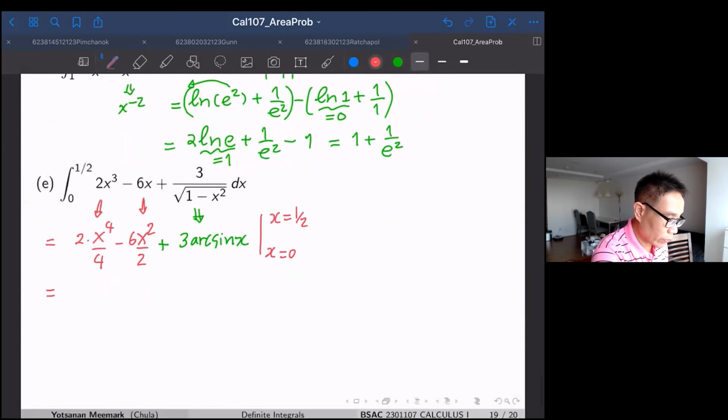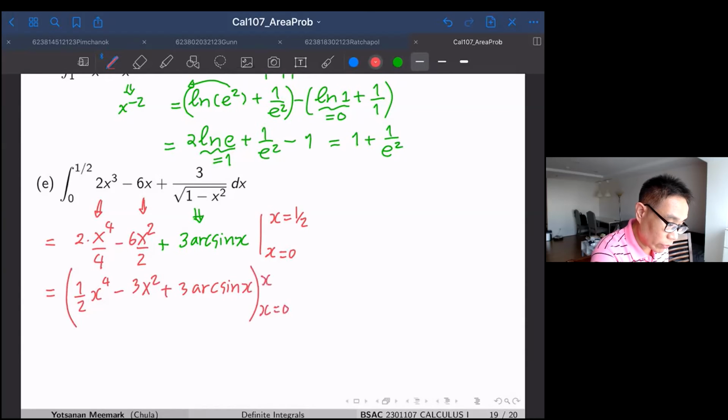So this will be 1/2 x to the fourth minus 3x squared plus 3 arc sine x, from x equal to 0 to x equal to 1/2. So you're going to plug in x equal to 1/2, subtract by x equal to 0.